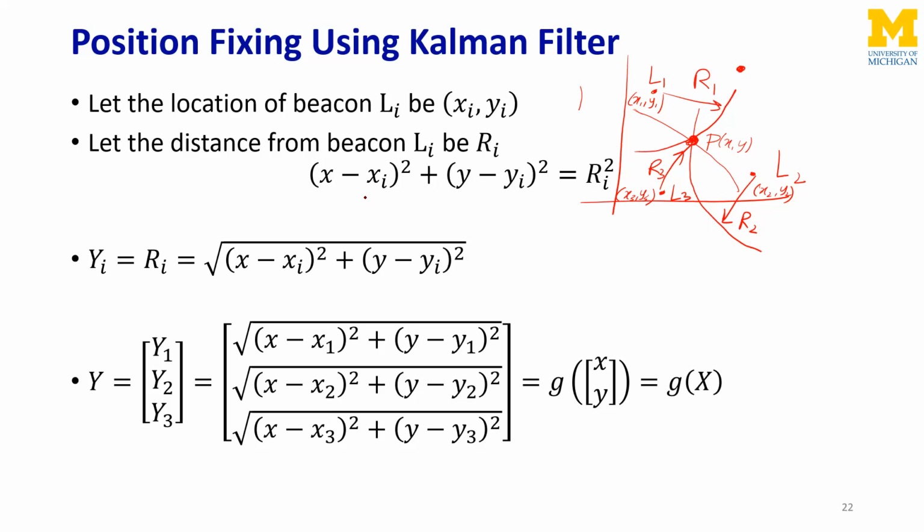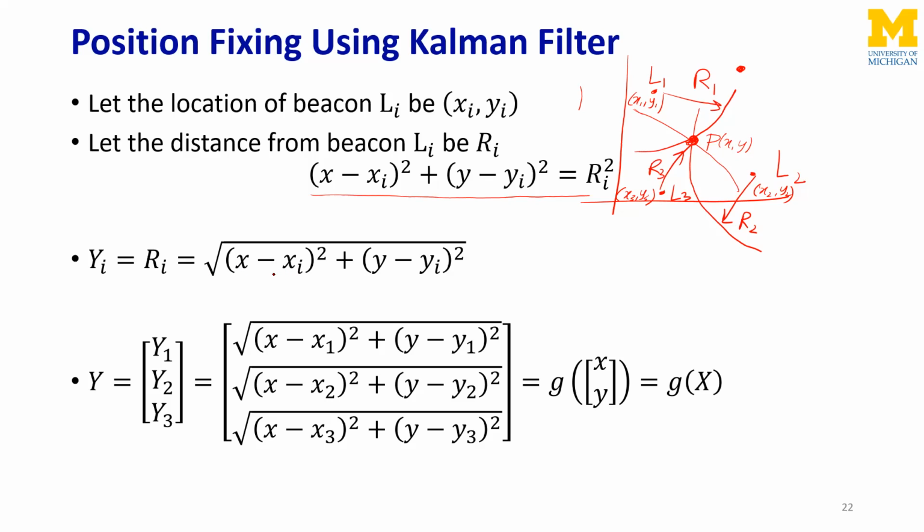So each of these beacons is going to satisfy this equation. This is just saying that wherever our sensor is, it's going to satisfy this equation. It's going to lie on this circle. Okay, so with each beacon, we are producing one distance measurement, and our distance measurement is given by this equation.